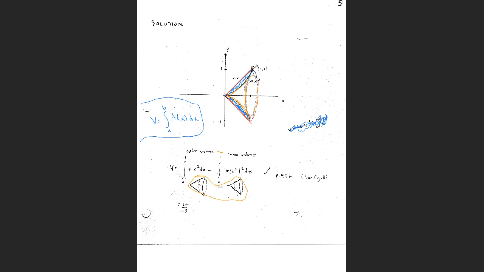So we like to create volumes by rotating regions about some kind of axis, because it allows us to easily find the cross-sectional area, because the cross-sectional area would be a circle.